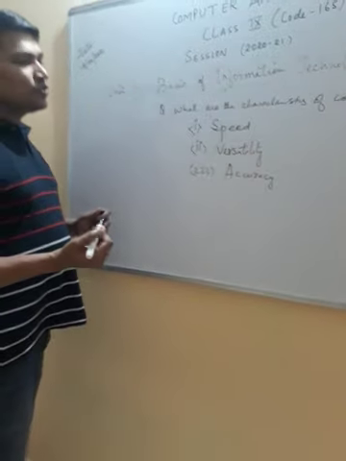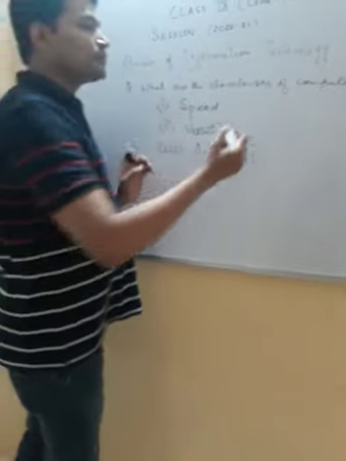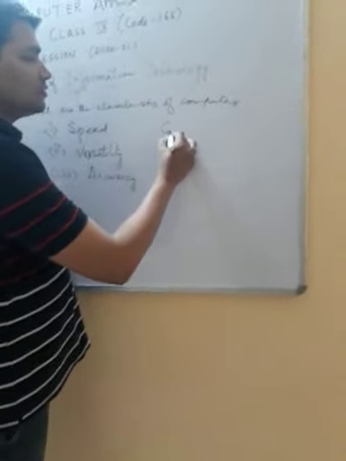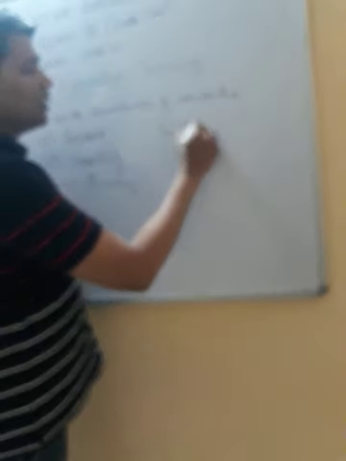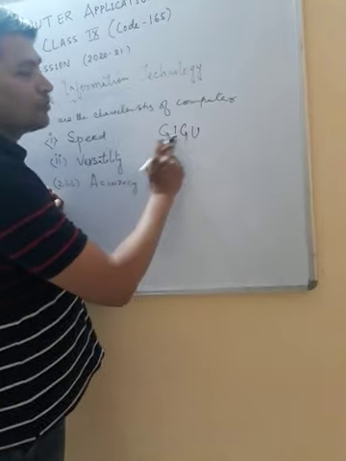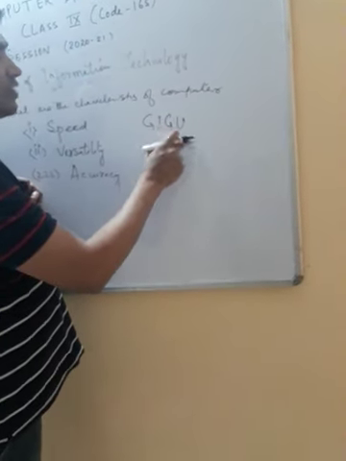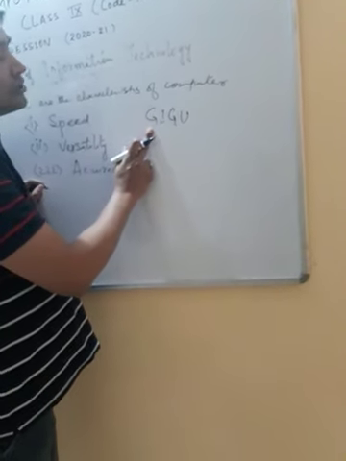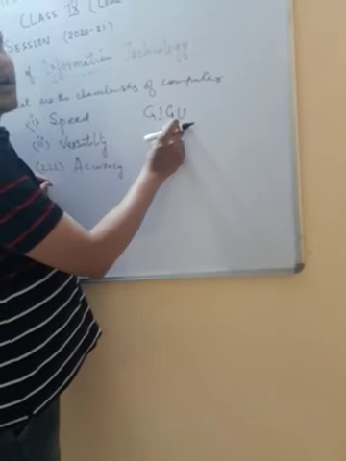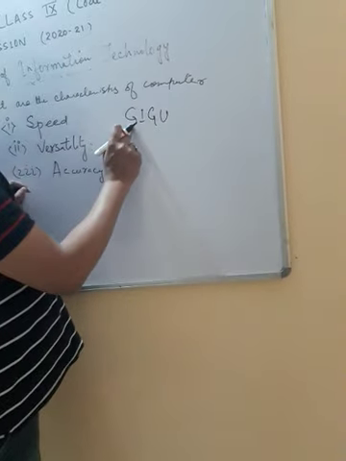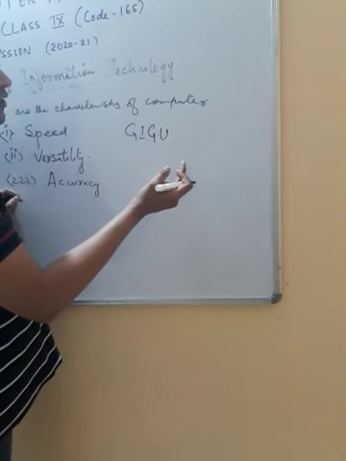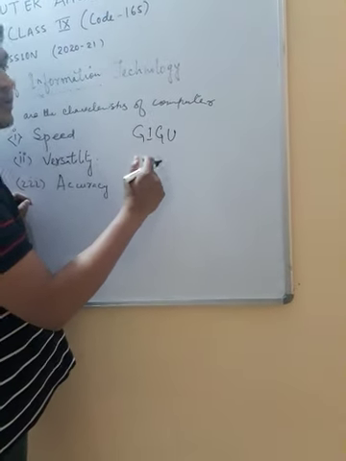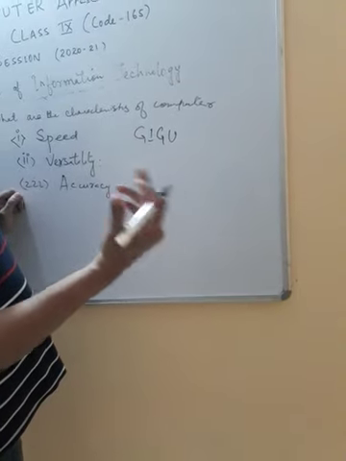Actually, there is a term used in computer systems: garbage in, garbage out, GIGO. If you enter a wrong thing, it will give you a wrong answer. If you give the correct thing, it will give you the correct answer.